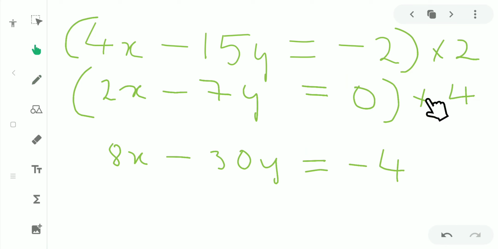So 4 into 2x is equal to 8x minus 7 into 4 is nothing but 28y. So it will become minus 28y, which is equal to 4 into 0 is nothing but 0.